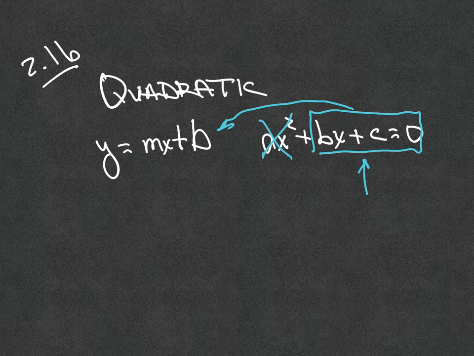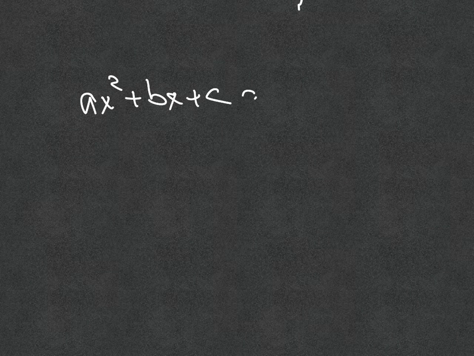All that to say, this form right here, ax squared plus bx plus c equals 0, is the standard form for quadratic equations, which means when we are doing quadratic equations, we are going to try to get them in this form. Ax squared plus bx plus c equals 0.